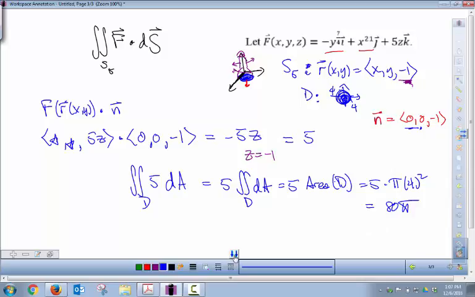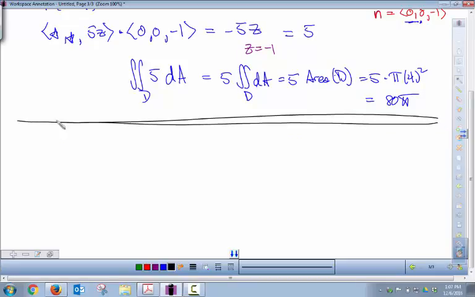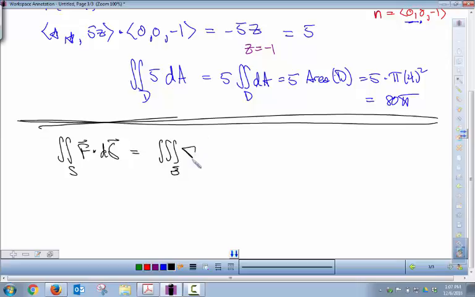So finally, it turned out that the flux of the whole surface, and I think the whole combination of S1 through S4 is just S, is equal to the triple integral over the solid E of the div, minus the flux of the new surface, the fifth surface that we put on.